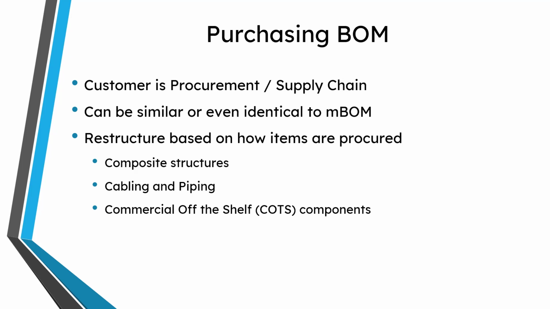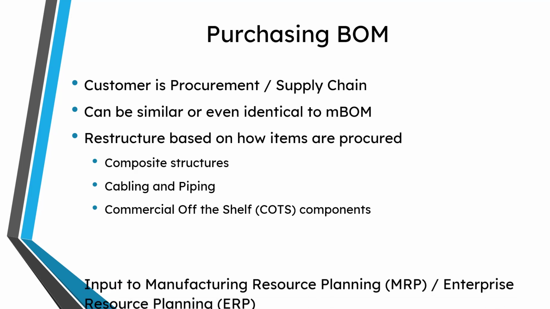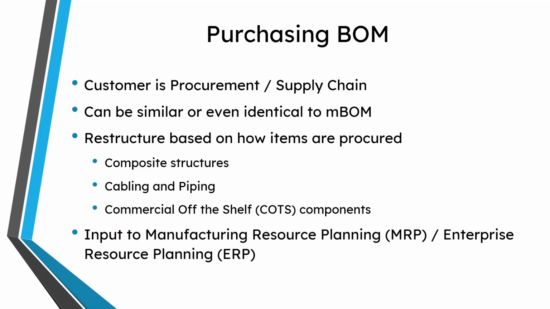Same thing for your cabling and piping, and also your commercial off-the-shelf components, maybe like your fasteners. Maybe you're going to organize them into their own separate area in the bill of materials as opposed to being in the same structures as your different assemblies. And so once you have this purchasing BOM, this is used by your MRP or your ERP systems downstream.